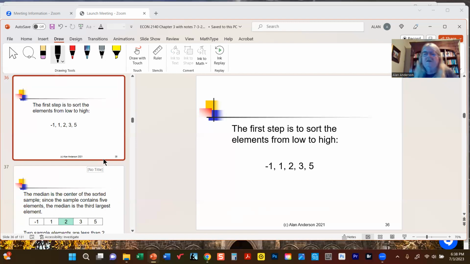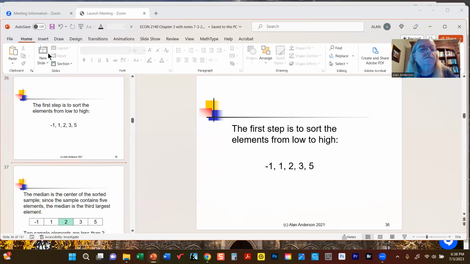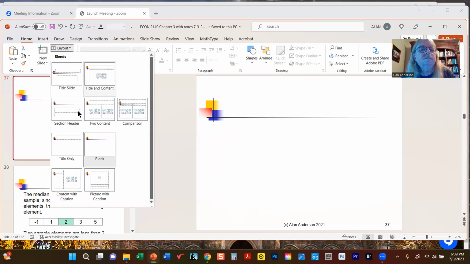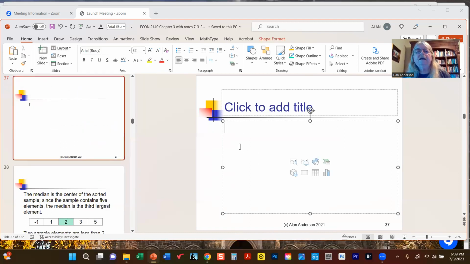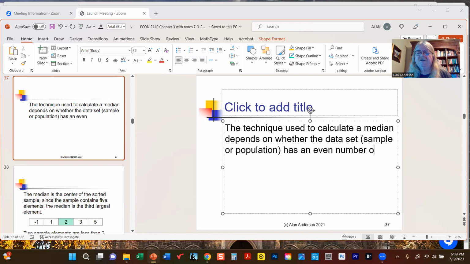Now, how do we divide the data? Well, it turns out, I'll just mention this right now, that the technique used to calculate a median depends on whether the data set, and that means either a sample or a population, has an even number of observations or an odd number of observations.